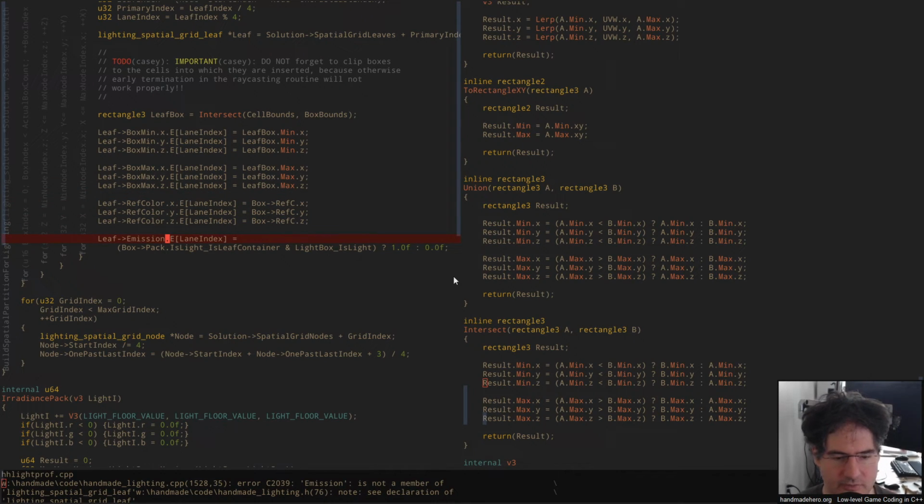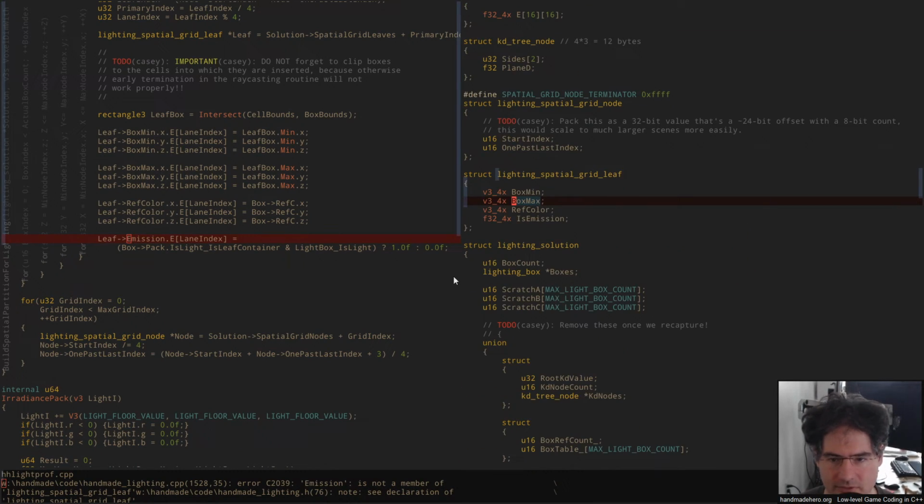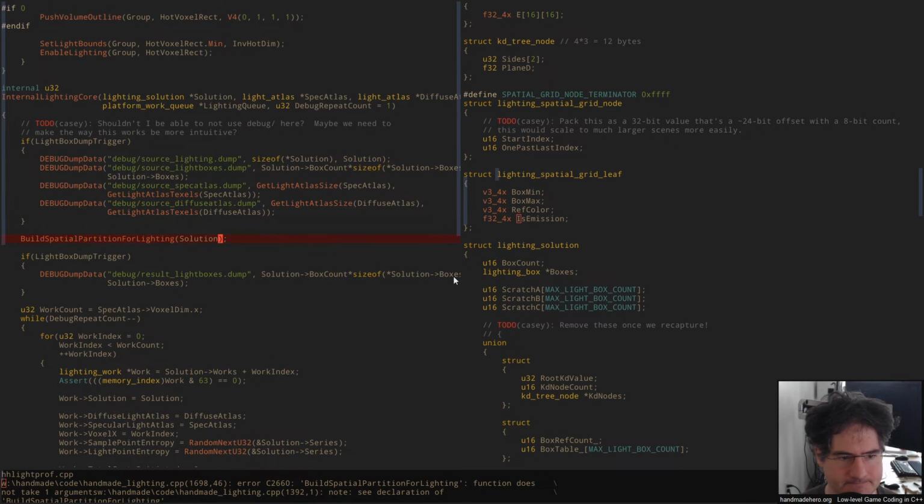Looks like all of that code's flowing properly right now through the compiler. Emission is not on there, and so I don't actually know what we did for that. Looks like it's is emission. Is that the only difference there? Yeah. So that seems fine. This needs to take the temp arena. And it looks like this doesn't have the temp arena.